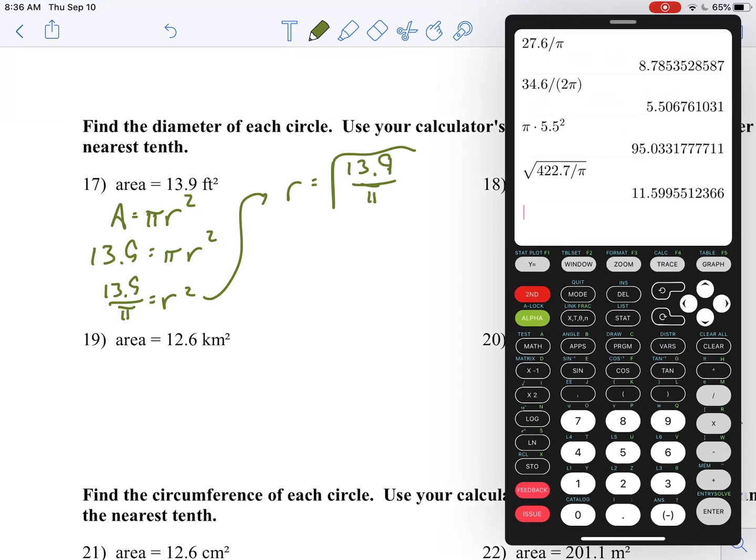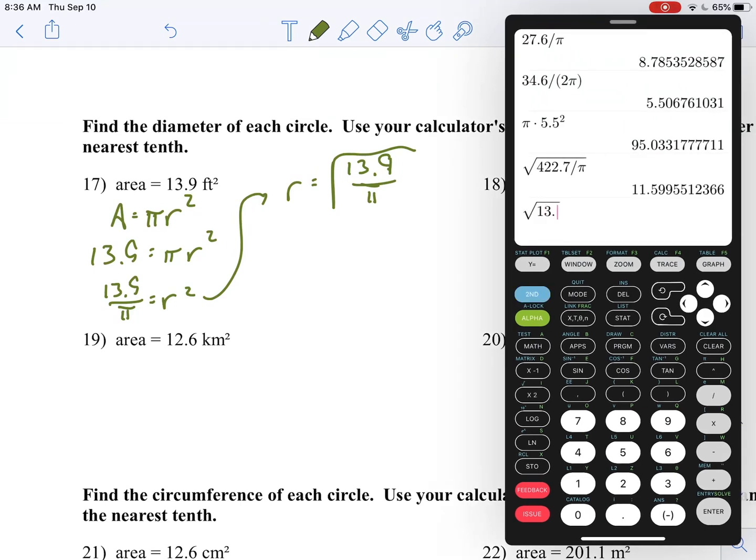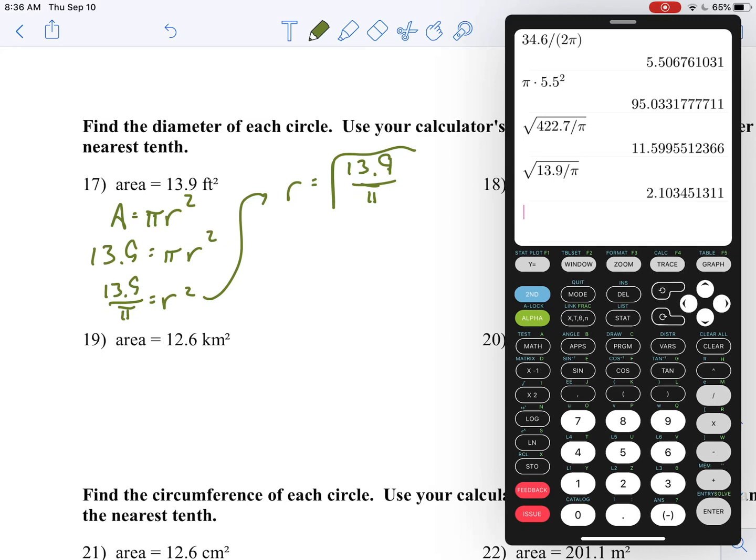The only trick is they don't ask me for the radius, they ask me for the value of the diameter. So when I get my radius as 2.1, my diameter is going to be double that. So I get 4.2, and that's going to be in feet.